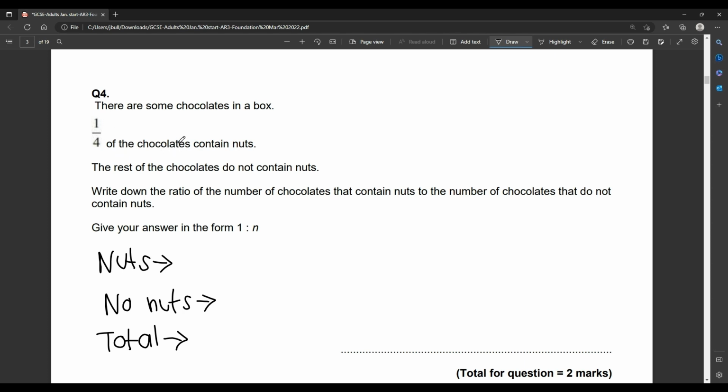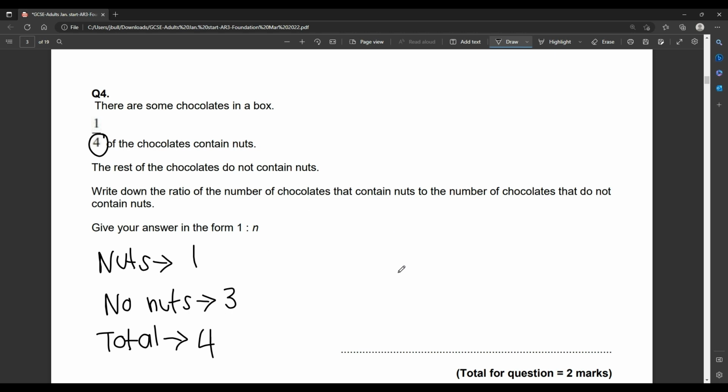Okay, so 1 out of the 4 chocolates contain nuts. So we can say one of them contains nuts. With a fraction, this bottom number is our total. So we've got 4 in total. And that means that the chocolates without nuts has to be 3. Okay, so there's 1 with nuts, there's 3 without. So in total we have 4.